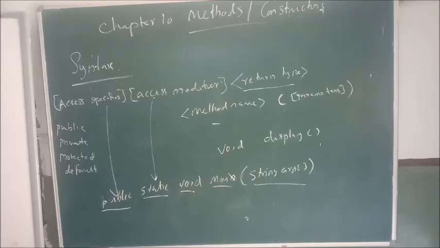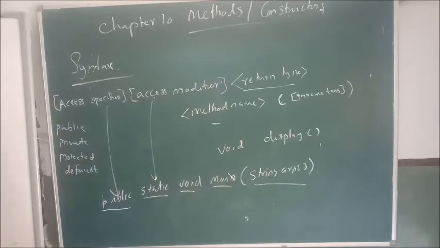Right? Then we have the access modifier. Actually, this year you are going to learn more about the static keyword. Do you have any idea what the static keyword is? What is the use of the static keyword? Okay. So static is a keyword.